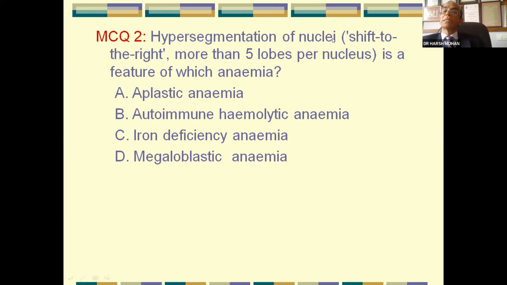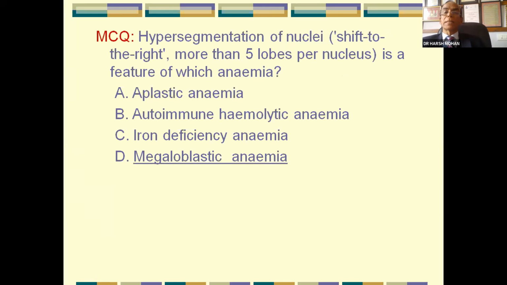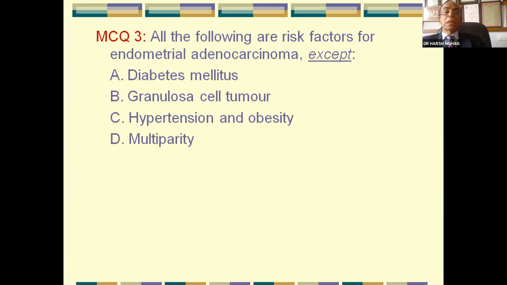So the hypersegmentation is defined here. Shift to right or more than 5 lobes per nucleus is a feature of which anemia? Aplastic, autoimmune hemolytic, iron deficiency, or megaloblastic. So we just want the answer to the type of anemia, not the definition of hypersegmentation here. So this is again a question which is kind of memory based.